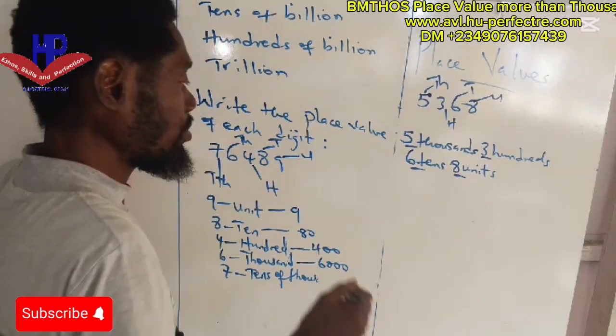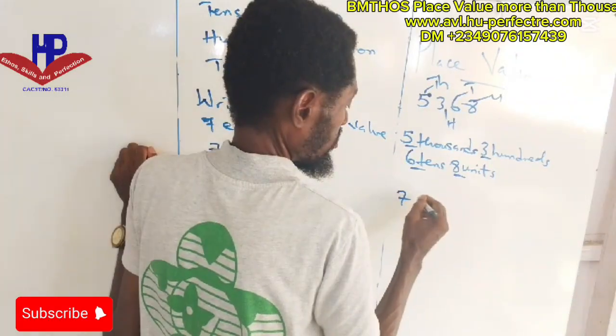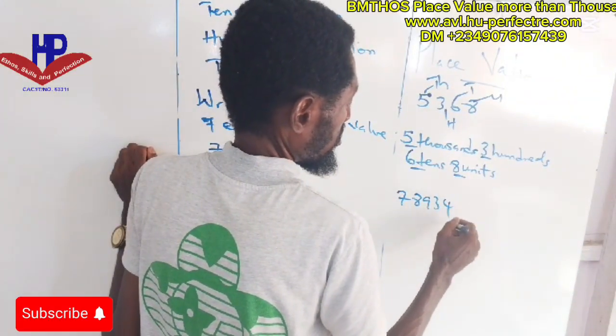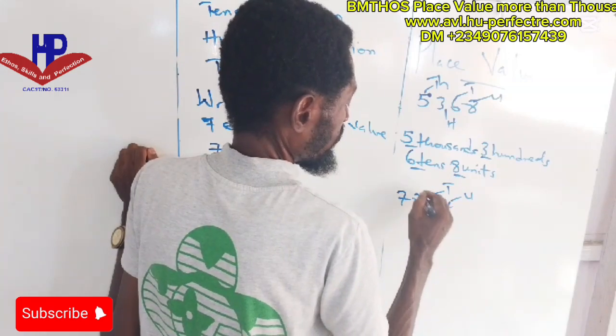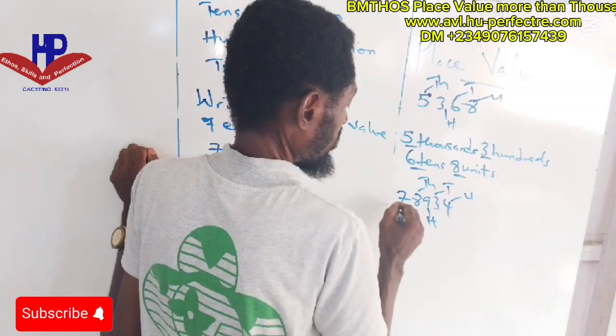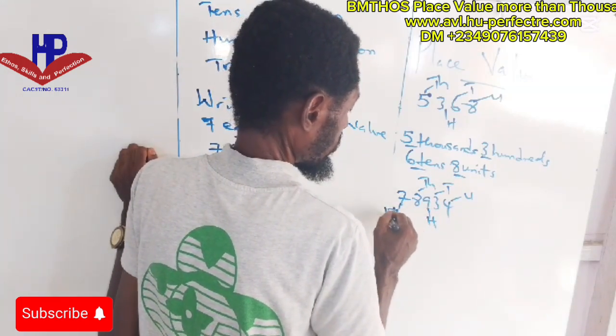Take another example. This is unit, tens, 100, 1000, tens of thousand.